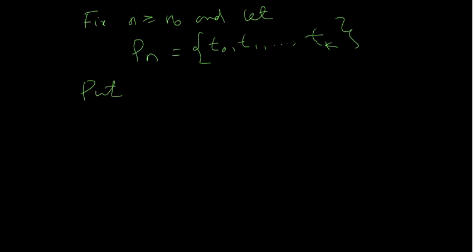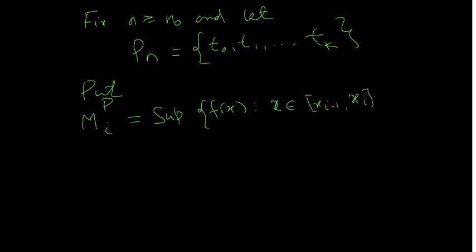Put capital Mi^P, the supremum of the function f(x) over the ith subinterval with respect to the partition P, equal to the supremum of f(x), where x belongs to the ith subinterval, which is [x_{i-1}, x_i].